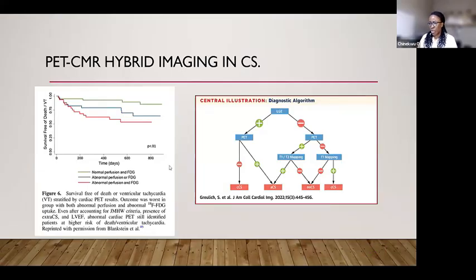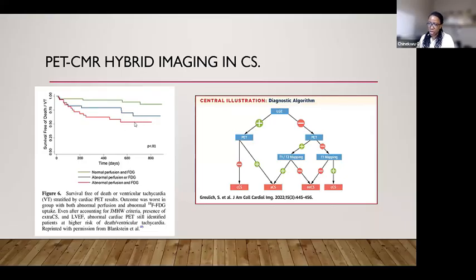And we know that from people who have done some work on this, and this is from Dr. Blankstein's group at Brigham. Essentially, if patients have a combination of a perfusion defect, which is a scar, and also FDG uptake, so a scar as well as active metabolic activity, they have worse cardiovascular outcomes, especially survival free of tachyarrhythmias.